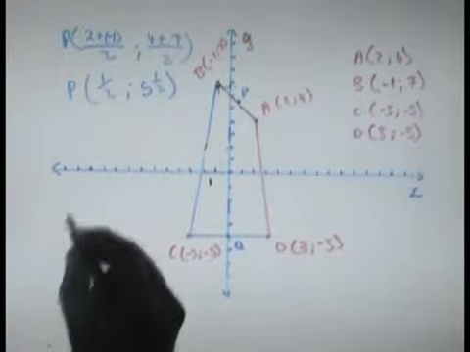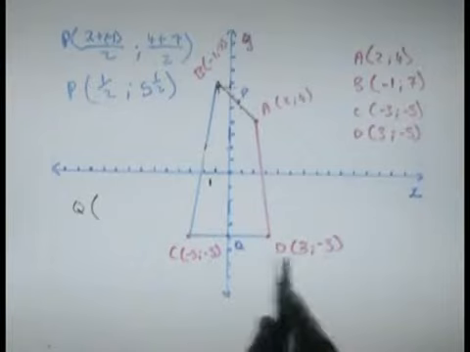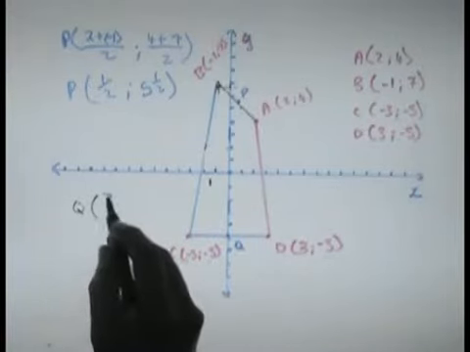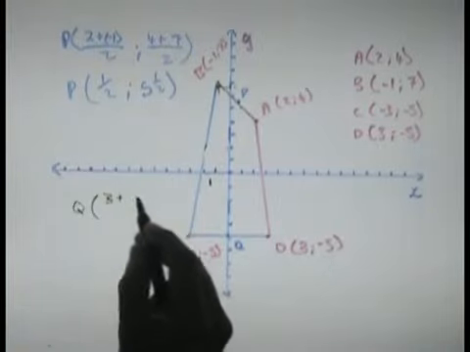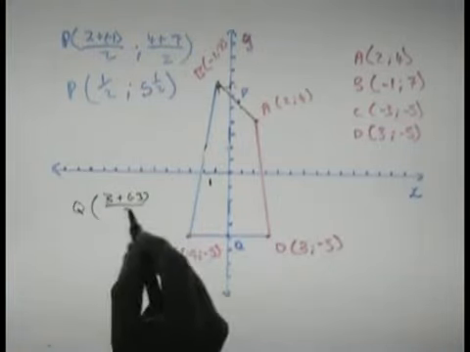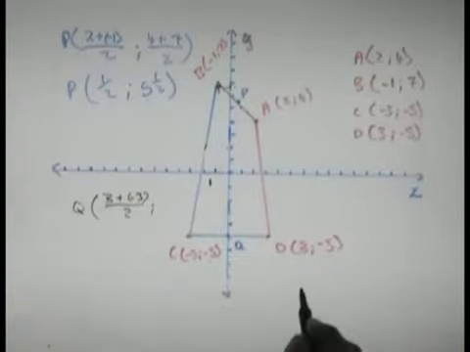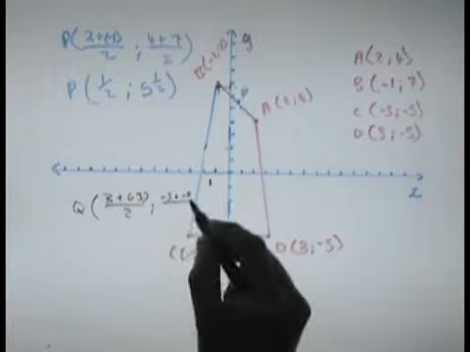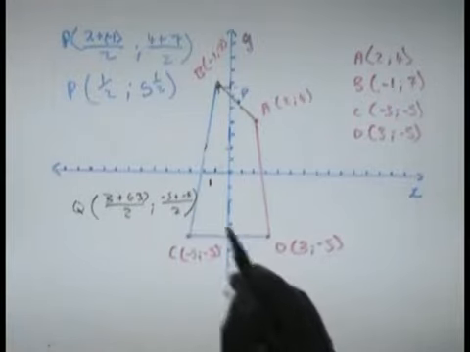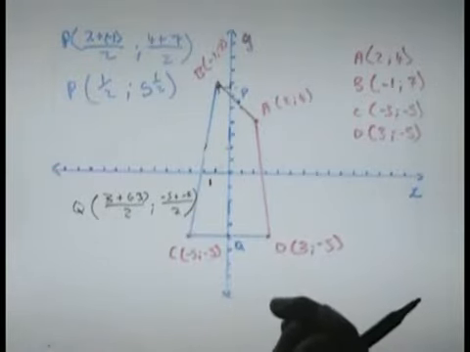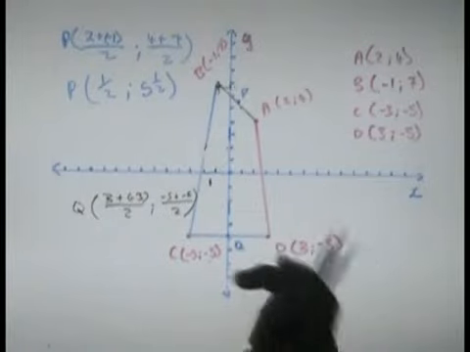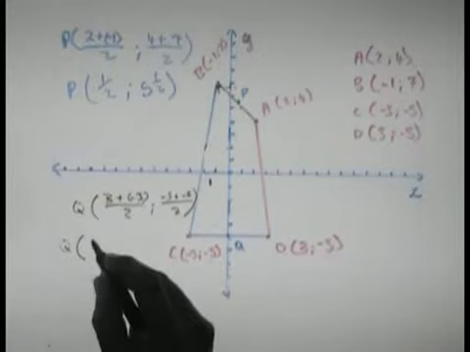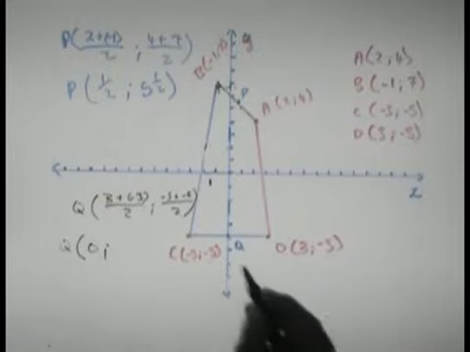Now let us look at the coordinates of Q, the midpoint of CD. x2 plus x1 is going to be 3 plus minus 3 over 2, and my y value is going to be given by minus 5 plus minus 5 over 2. That's going to give me the coordinates of Q. 3 plus minus 3 is 0 over 2, which is 0.